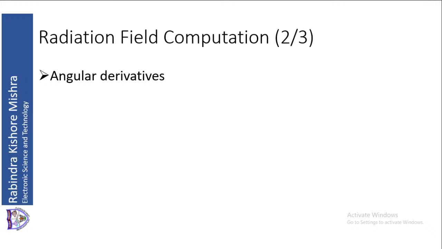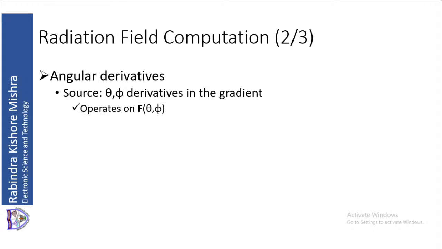Now we will find the angular derivatives. For the angular derivatives, the theta and phi derivatives are in the gradient term, which means they operate only on F theta phi.